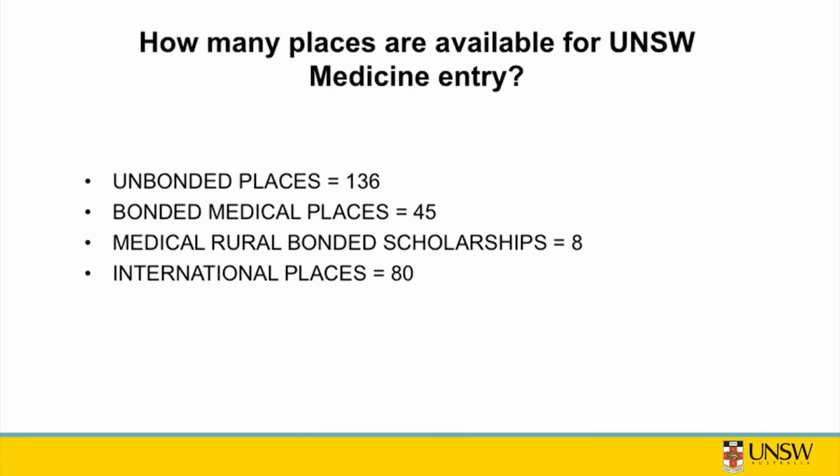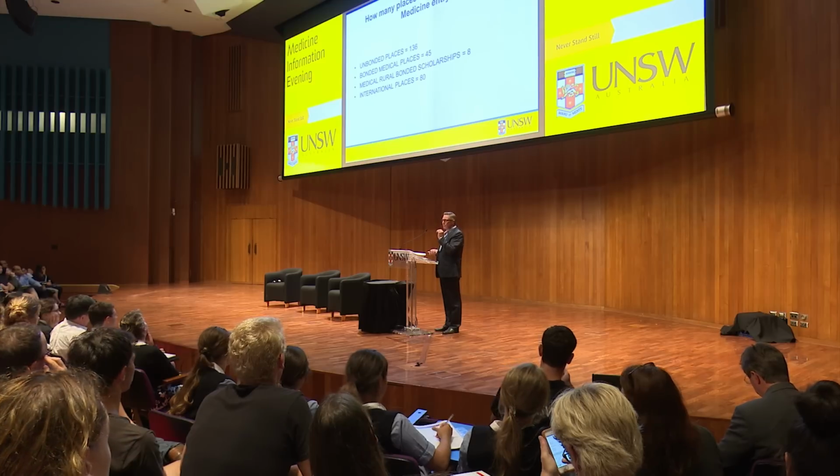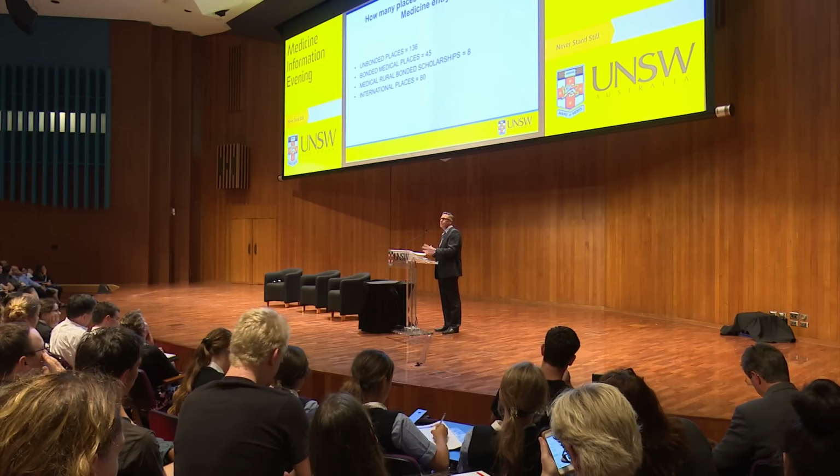How many places are available for UNSW Medicine? We have straightforward places, 136 places. That's Commonwealth supported places. We have 45 bonded medical places. Those are where you sign a contract to be bonded to an area of workplace shortage.